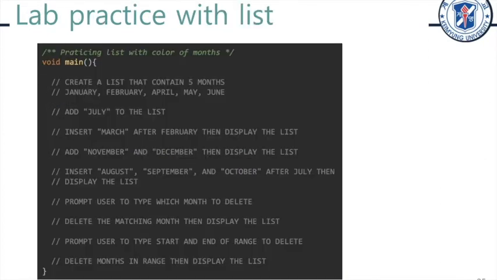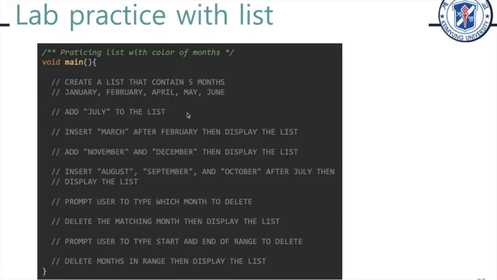To practice what we have discussed about lists, you are given this template, and using this template you can create your own list and practice. So you can see this is the instruction. Create a list that contains 5 months, and the months are given here, and then you have to add July to the list.